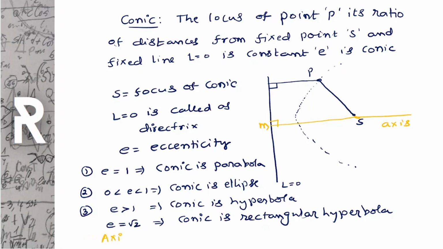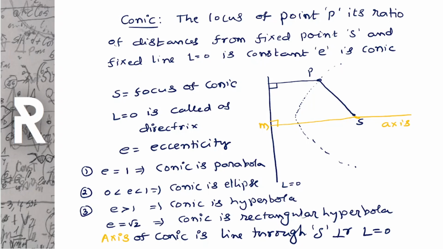Axis of the conic is the line through S perpendicular to L equal to 0.